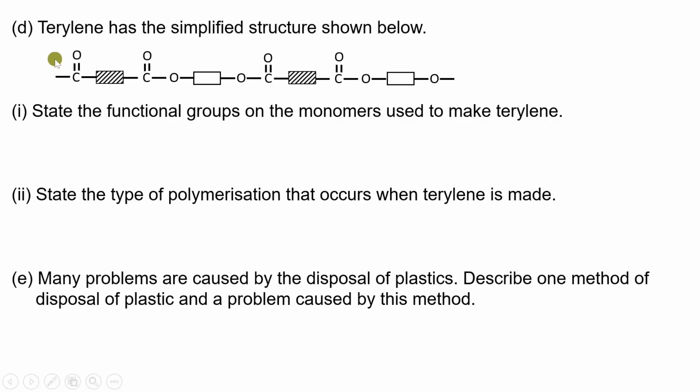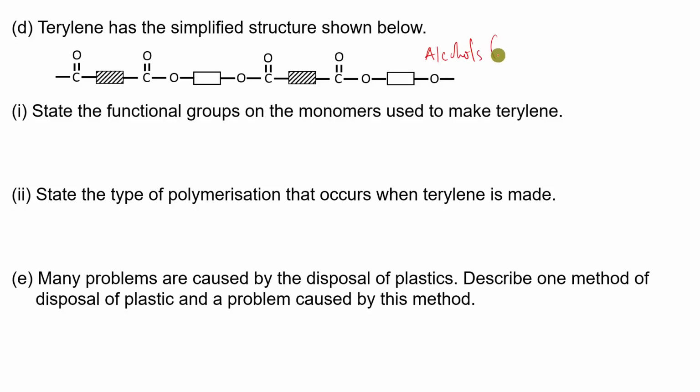It said pterylene has the simplified structure shown below. So this is pterylene. Now they're saying, state the functional groups on the monomers used to make pterylene. So pterylene is made from alcohols, which are diols.